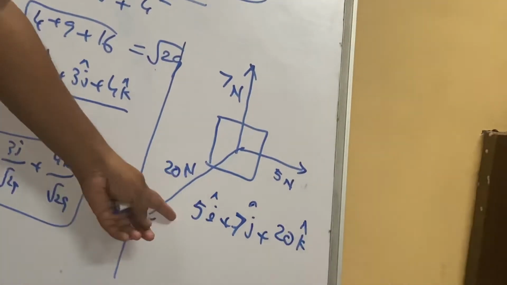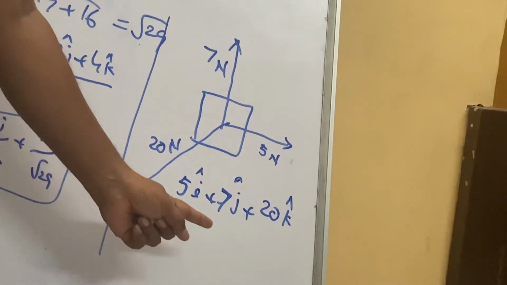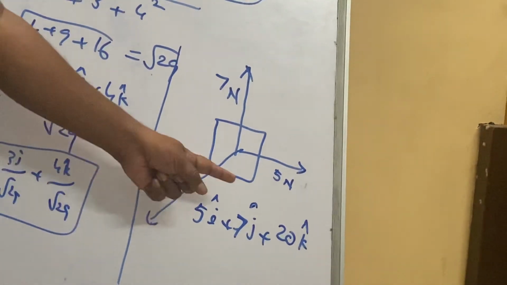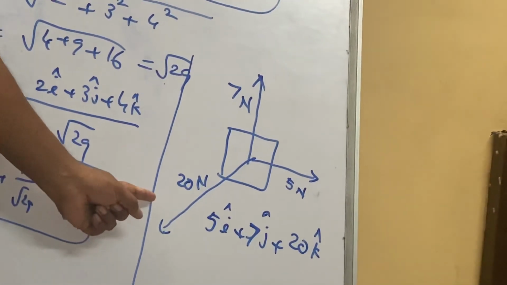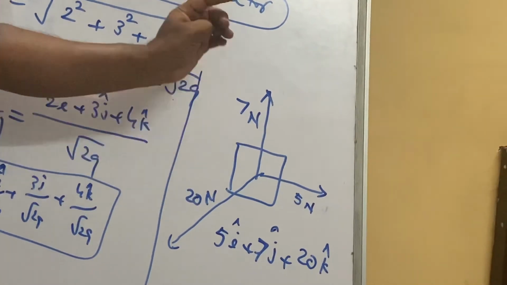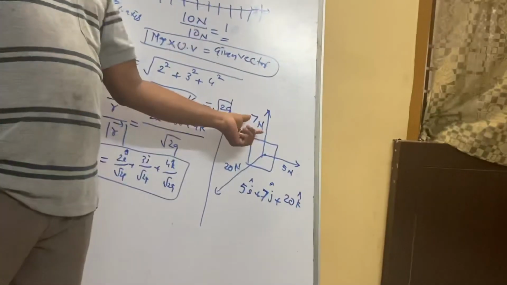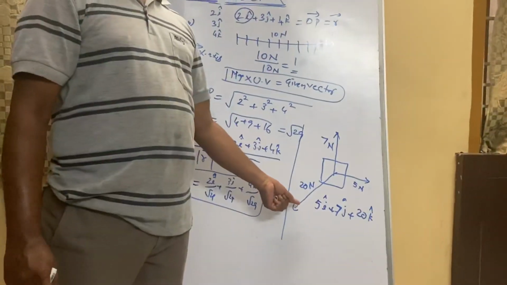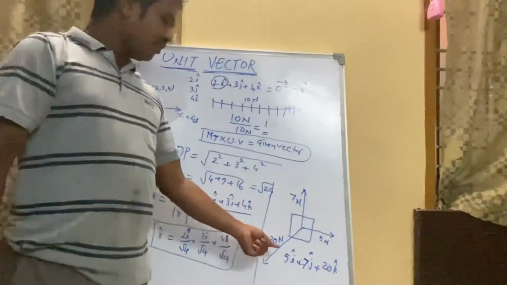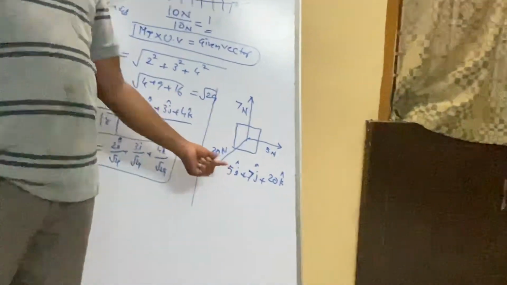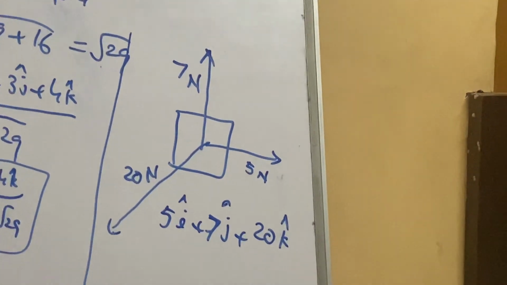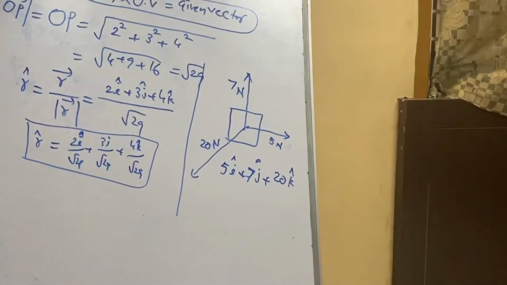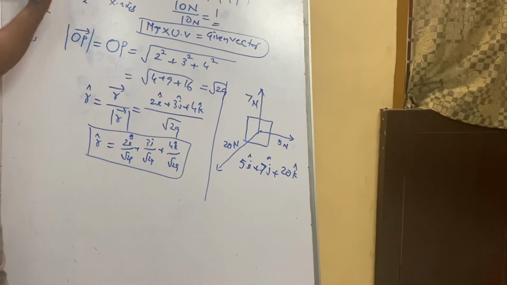This is the vector notation. Practice carefully how to write the vector form when magnitudes are given. Now find the unit vector for this one. Thank you. We will see a very important topic on problems using position vectors. Okay, thank you.